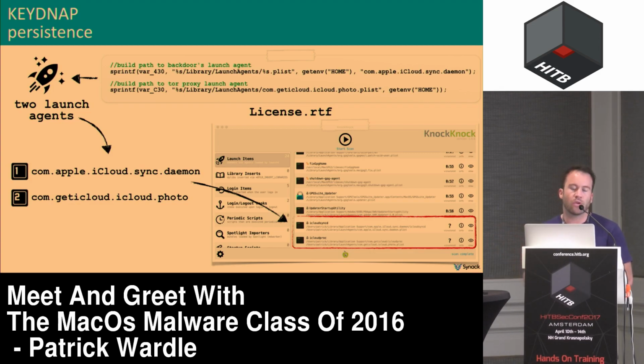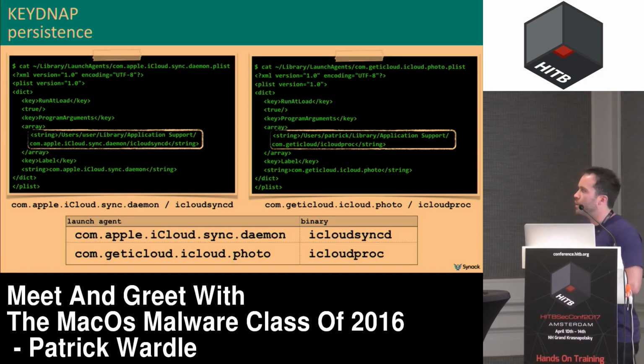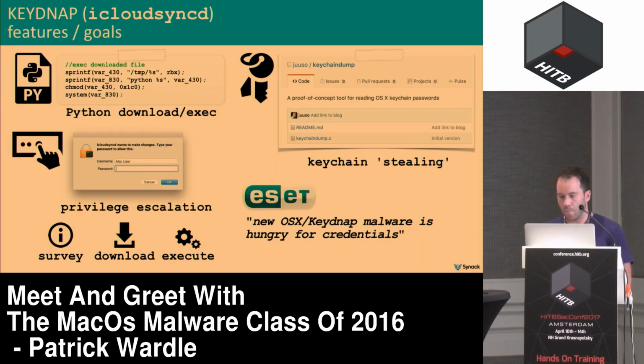Again, this is probably just so that the attackers blend into the noise of other Apple utilities. If we look at the plists for each of these pieces of the malware, we can see that they have the run at load key set to true. As I mentioned, if you specify that run at load key set to true, the operating system will automatically execute whatever you specify. So let's take a closer look at these two binaries now.